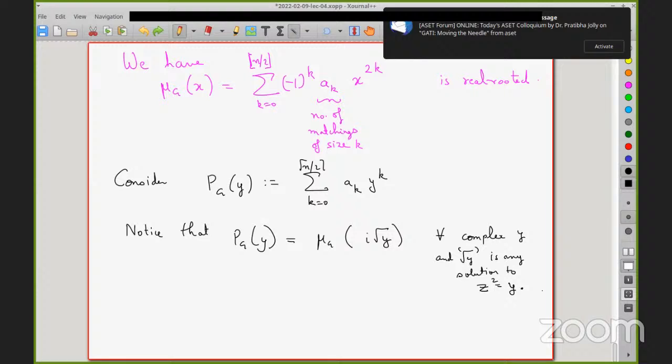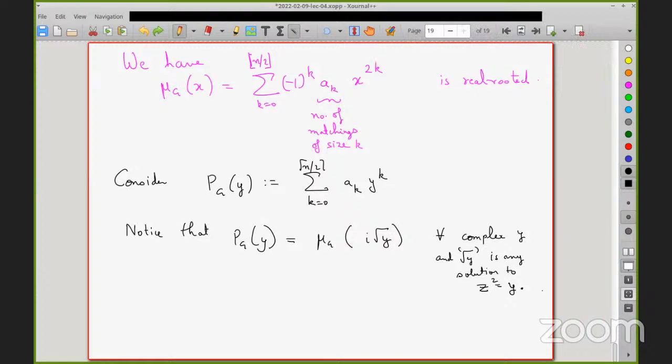Piyush, why are we not taking P_G(y) with the (-1)^k coefficient included? Yeah, that also will work, because the minus sign will cancel out in the log concavity. But let's just do it this way, so that there's no difference. They're related, right? If one is real rooted, the other is also.